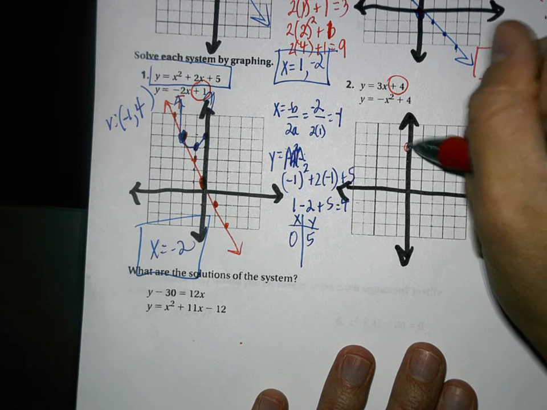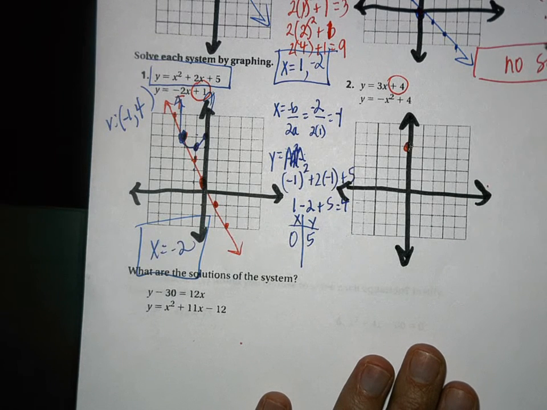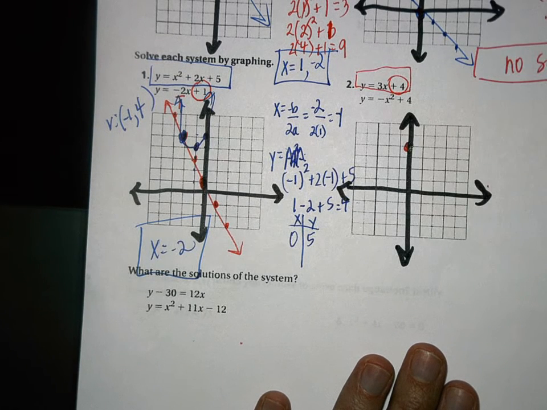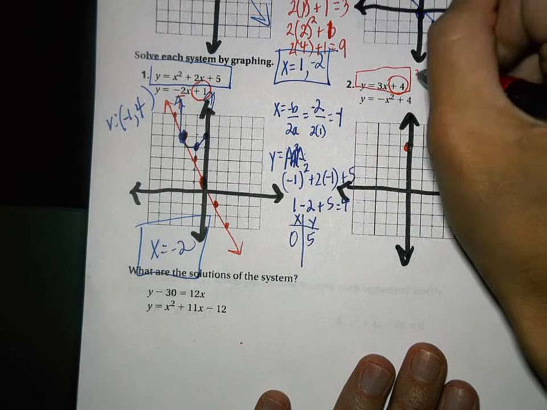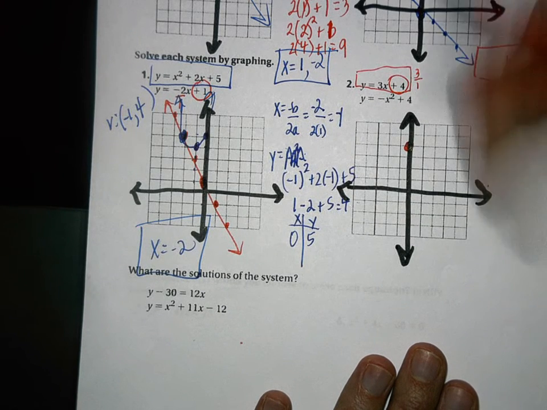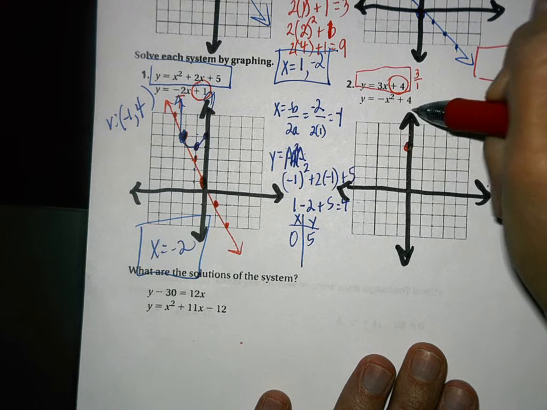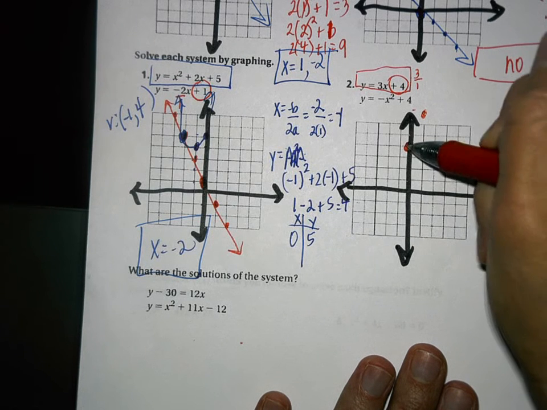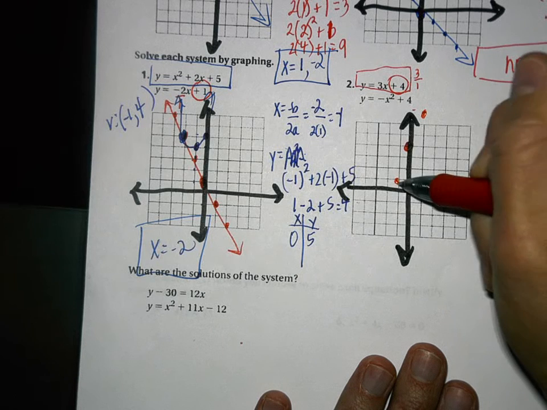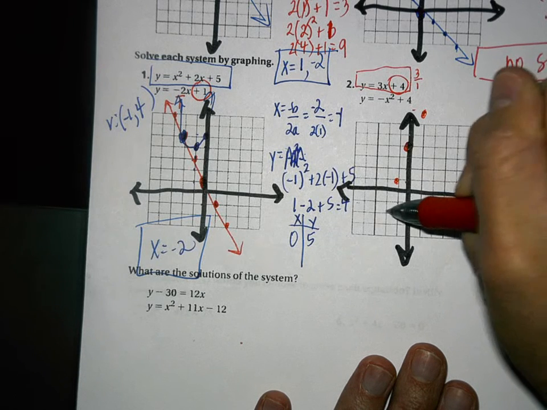And then from there, what is my slope? Try again. What is my slope? 3 over 1. Okay, the slope's always in front of the x. Okay, so up 1, 2, 3, right 1. Or we're going to go down 1, 2, 3, left 1.